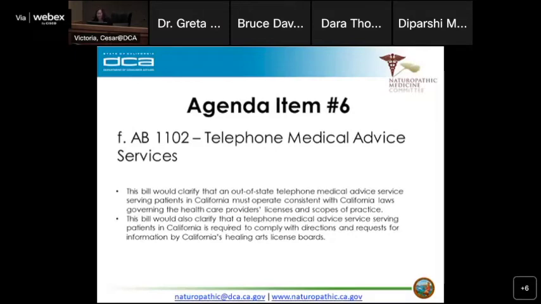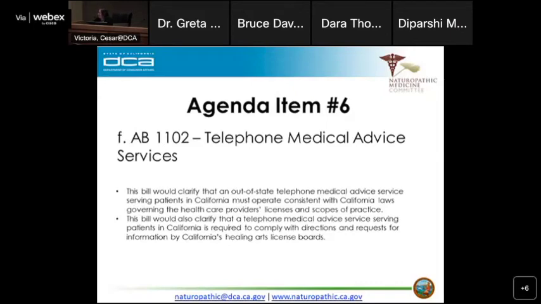Hang on one second, I'm just reading a little bit of this. Yeah, so it looks like it would require the practitioner or the medical advice services to comply with California state law and scope of whatever that is. Even though that's already a requirement, apparently this bill is addressing a problem that is not being followed, I imagine.